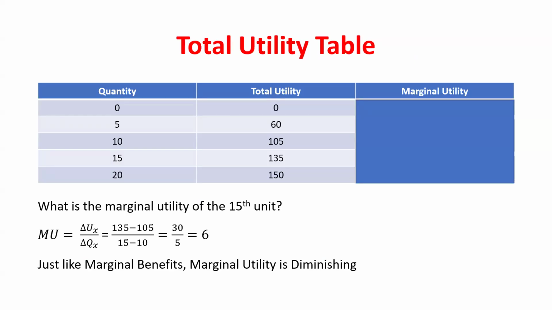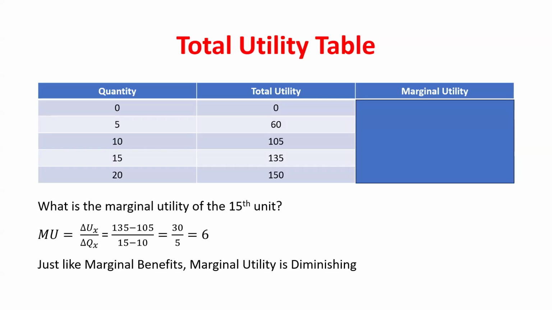So let's say I was kind of looking at this, right? So I've got my total utility from buying different quantities. And here I didn't do jumps of 1, I did jumps of 5. So notice, as I buy more of this good, what's happening to my total utility? It's always going up. But those first 5 units I bought, how much was my total utility changing by? 60.